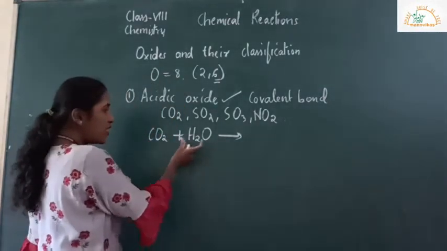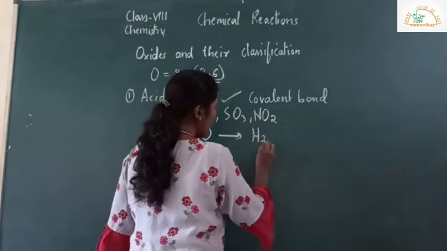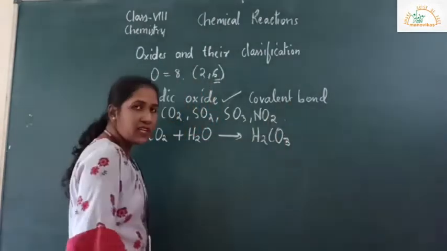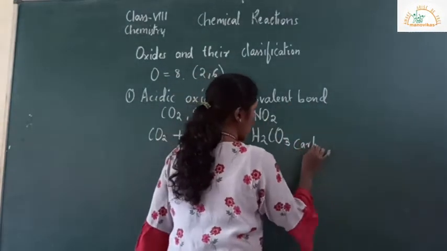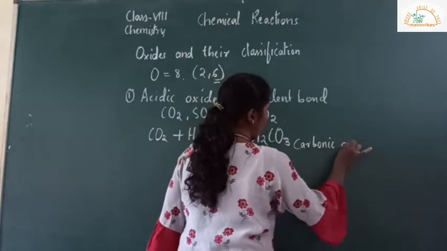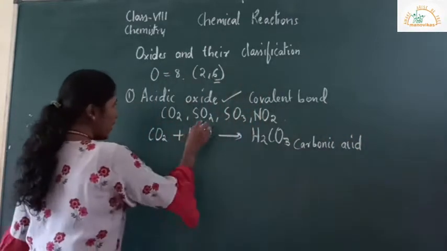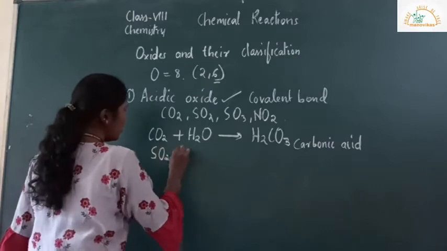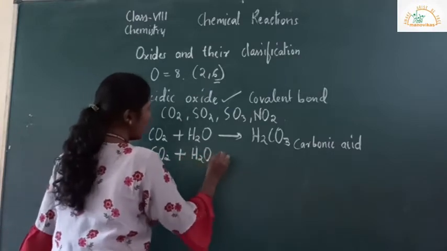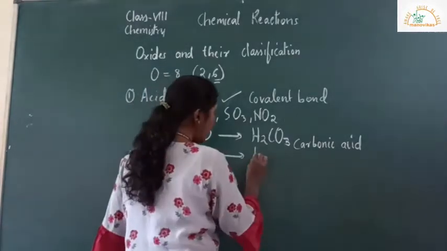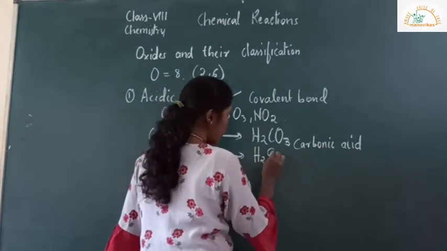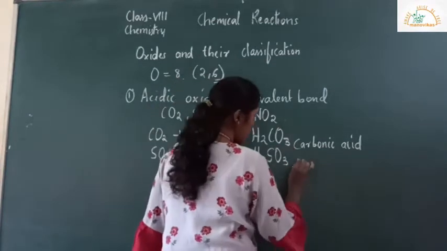So here when carbon dioxide is treated with water, we get carbonic acid. Same way, if I take sulfur dioxide, when it is treated with water, what we will get is sulfurous acid, H2SO3.